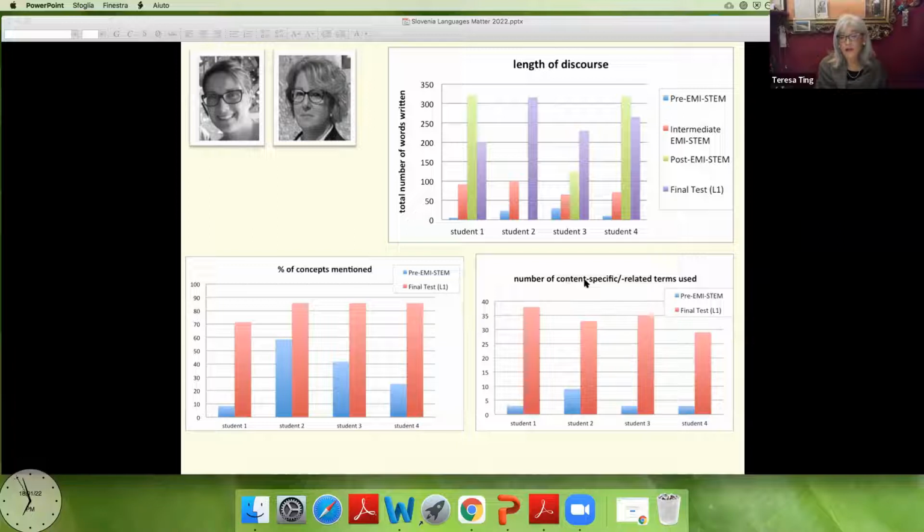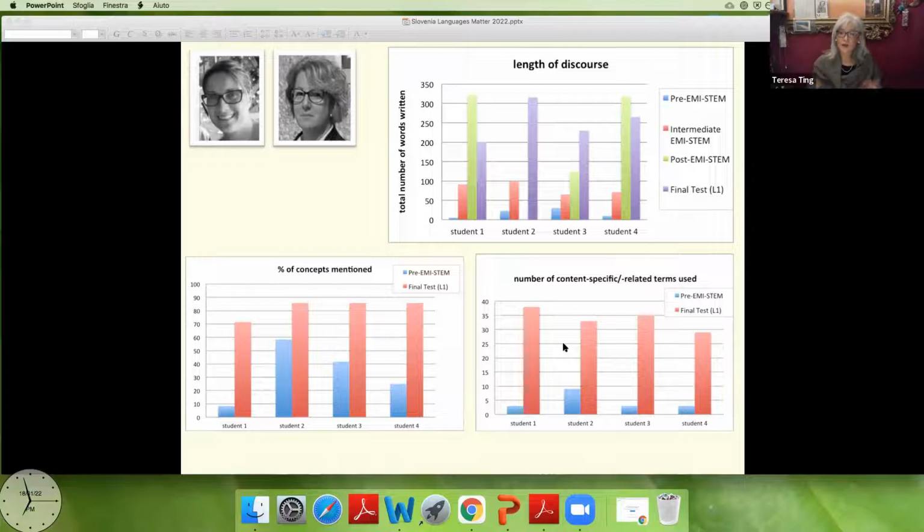How about the number of content-specific terms used? Again, great improvement. Of course, we know, as teachers we know, it's not because students are stupid. It's because they don't have the right input, okay? And once we have the right input, look at what they can do, okay?